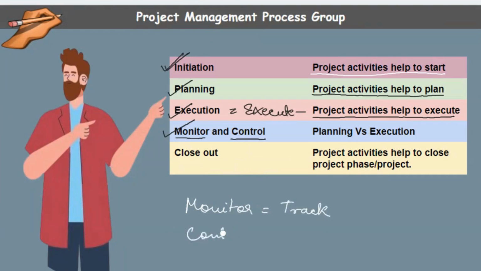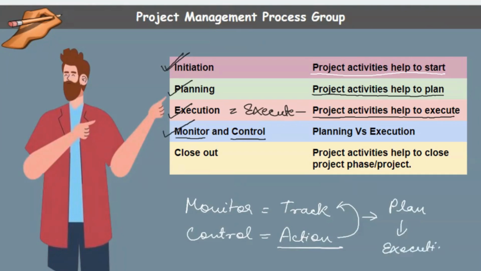And control is if they are not on track, if they are not on the plan, if they are not doing what you have given them, if you find any deviation, in that case you will take a action. You will take a control action to bring your team back on track. This is known as monitor and control. That is why we say that in monitor and control, we basically compare plan versus execution.